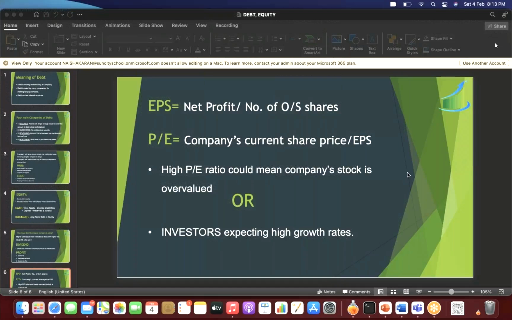The next one is price earning ratio. Price earning ratio is the company's current price in the market, that is the stock market price, divided by EPS, which is earning per share.